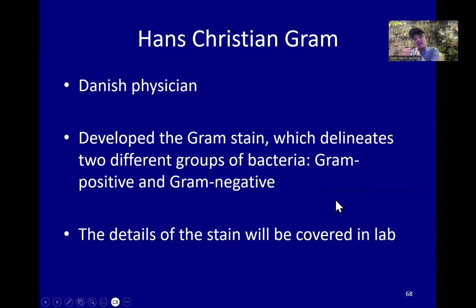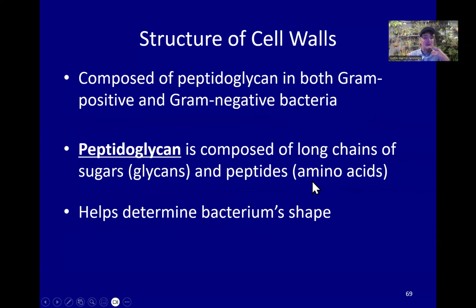It's purple and pink, though depending on how much color you use it can sometimes look pink and blue. But either way, it's relatively easy to distinguish. It's an easy technique to do, and we're going to do it a lot in lab. We'll go over the procedure in lab.